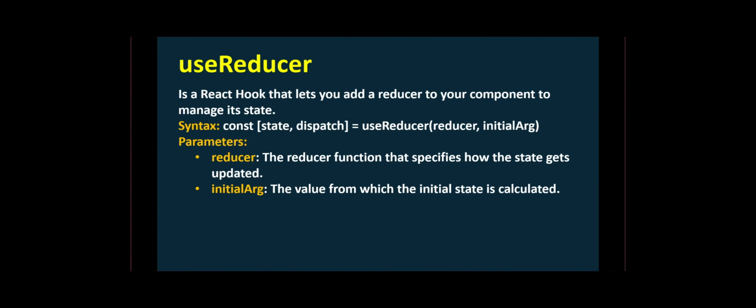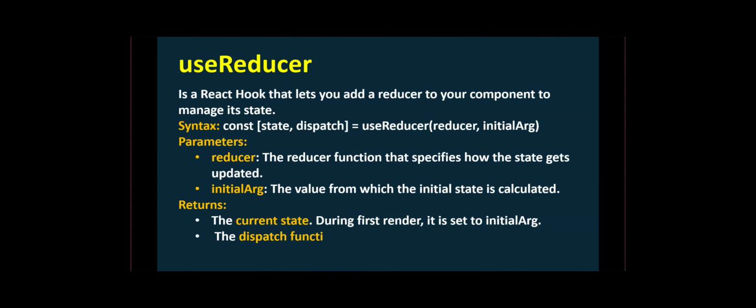And useReducer returns two values. One is the current state. During the first render, it is set to the initial arg. And the second value returned by useReducer is the dispatch function that lets you update the state to a different value and trigger a re-render.